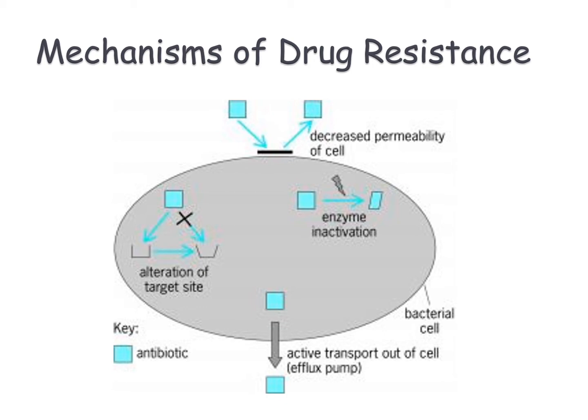And there are other examples of alterations as well. We can also find examples of enzyme inactivation, in other words, an enzyme that destroys the antibiotic. And again, these pumps that pump it out.